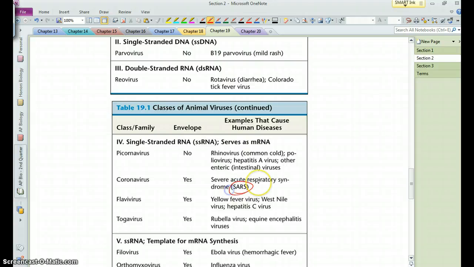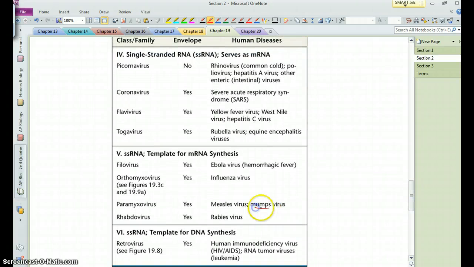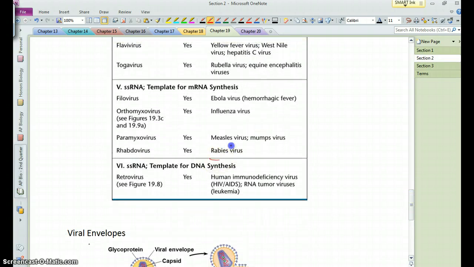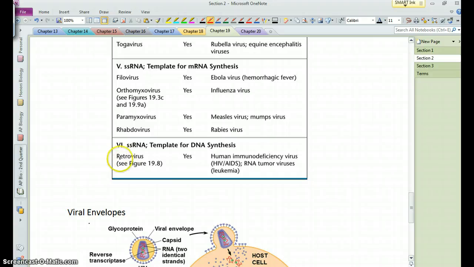So SARS, that's one that was in the news a few years ago. Mumps, measles, rubella, these ones that we are commonly vaccinated against. Rabies, one that you see in mammals. And here, these retroviruses, which we're going to talk about in a moment. These single-stranded RNA viruses, HIV being a good example.